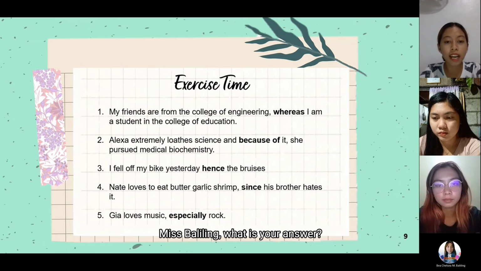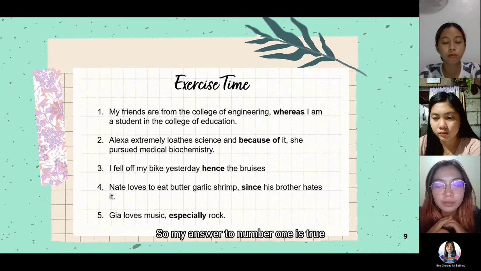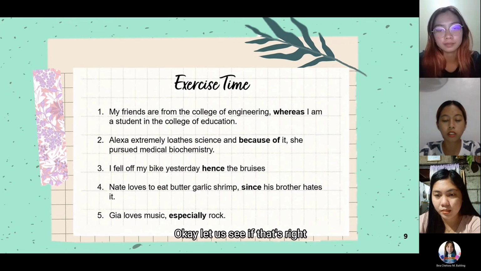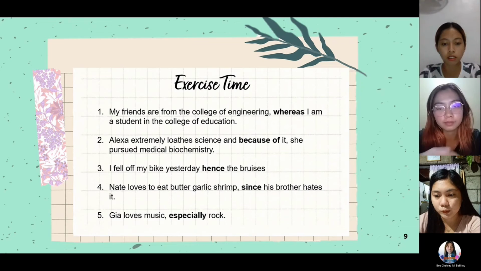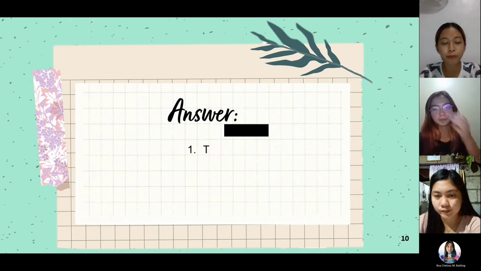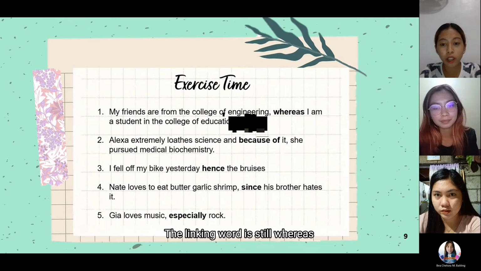Miss Baliling, what is your answer? My answer to number one is true, ma'am. Let us see if that's right. You got the correct answer. The appropriate linking word is still whereas.